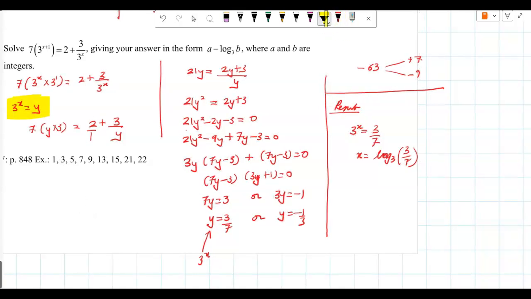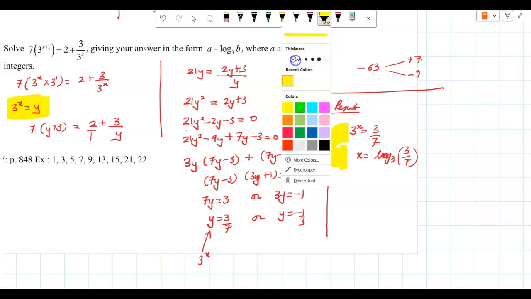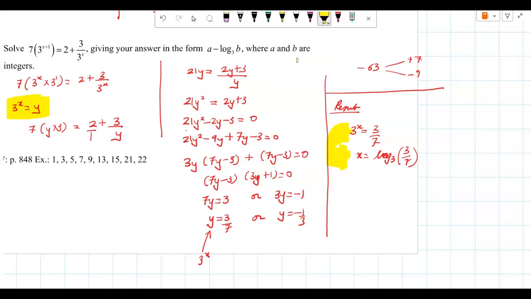So I am converting from exponential to log. So x is equal to log 3 minus log 7 to the base 3. So x is equal to 1 minus log 7 to the base 3.